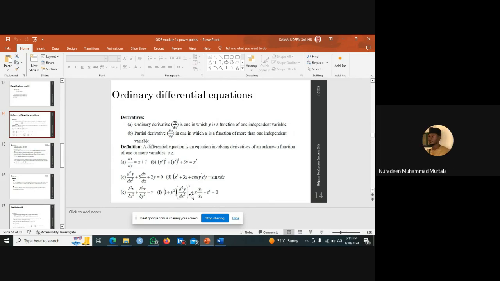It is the same thing as the order of C, which is order 2, the second order.